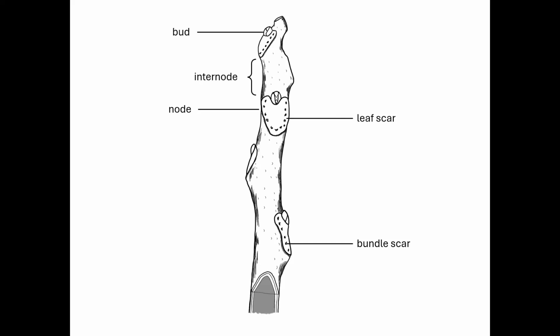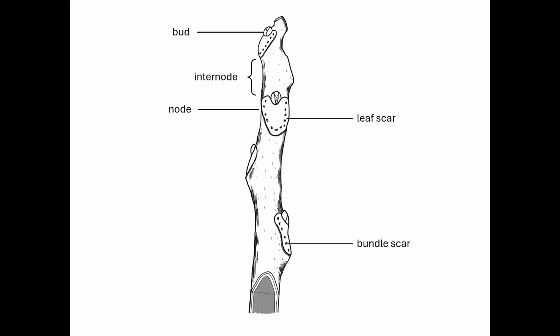And then finally, very interestingly, above our leaf scar, over here and over here, you can see something we call a bud. This bud is the embryonic tissue that will grow into a new branch the following season.